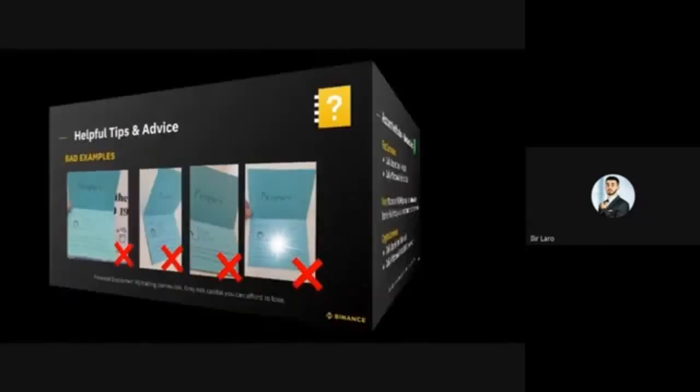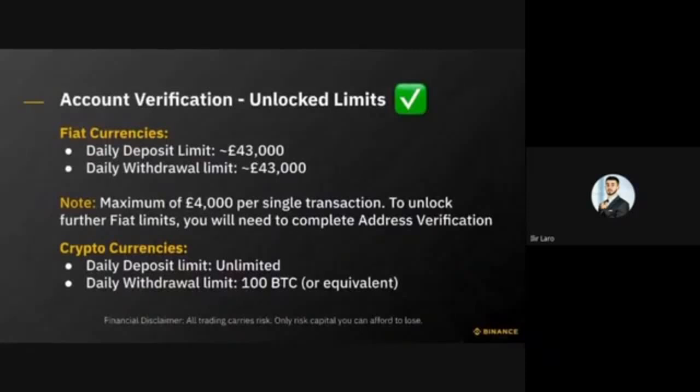process really simply. So once you've verified your account and it's approved, you now have unlocked some limits for your account. And what I mean by this is, for fiat, for depositing and withdrawing, you unlock about £43,000 per day. So that means you can deposit up to £43,000 and you can withdraw up to £43,000 per day.